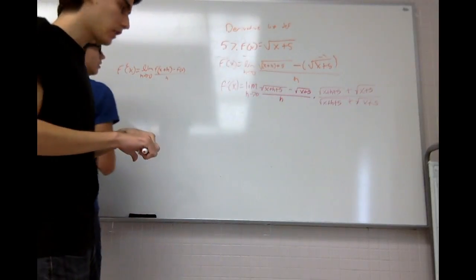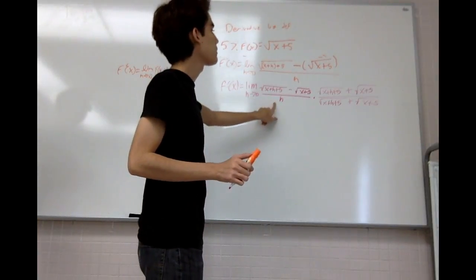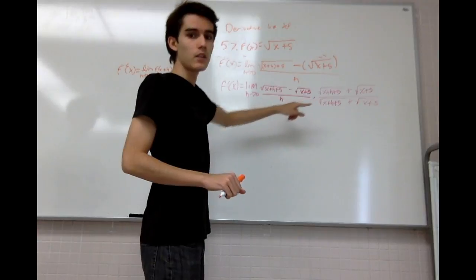Now that we cannot do anything more over here, we're going to multiply by the conjugate in the numerator and in the denominator.